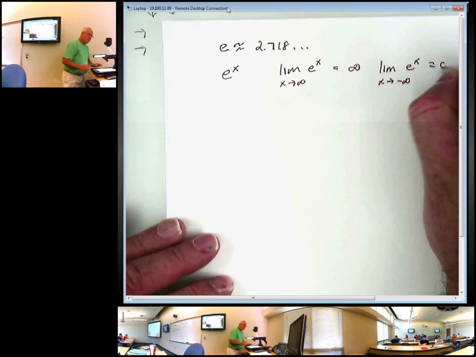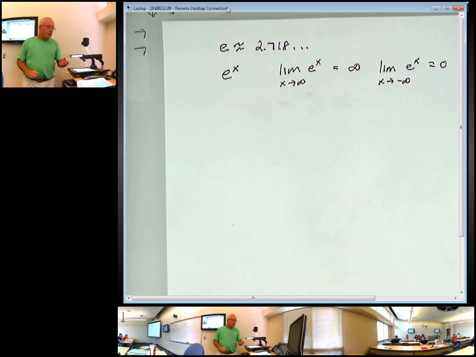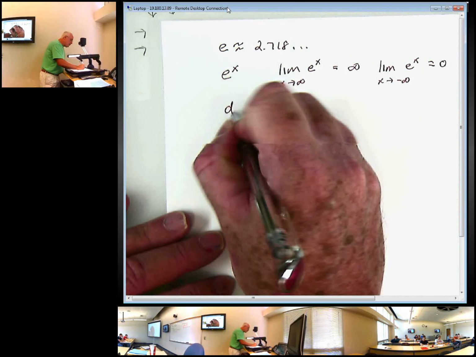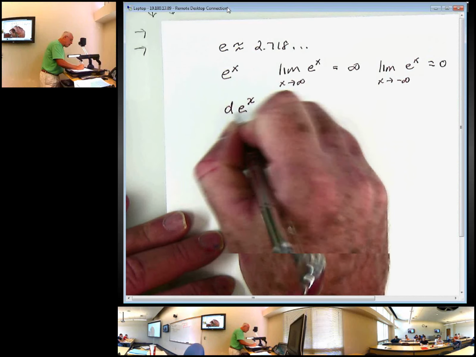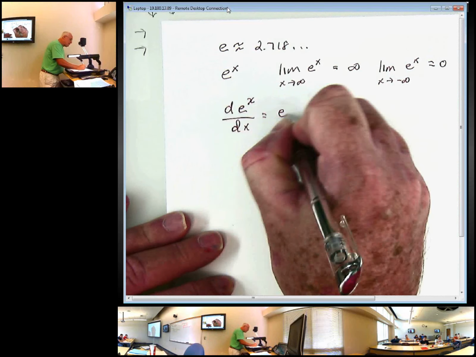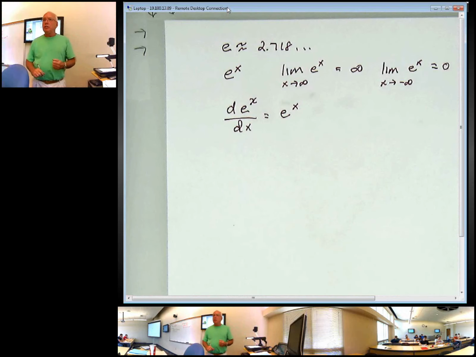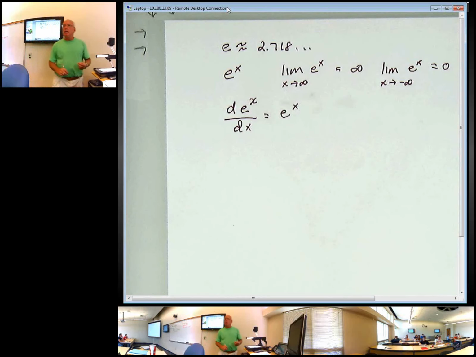All right. Now, this number is defined in such a way that it has this following property, that the derivative of e to the x power is equal to itself. So when you graph this function and you take a tangent line, the slope of that tangent line, which is the derivative, is going to be the same as the value of the function.